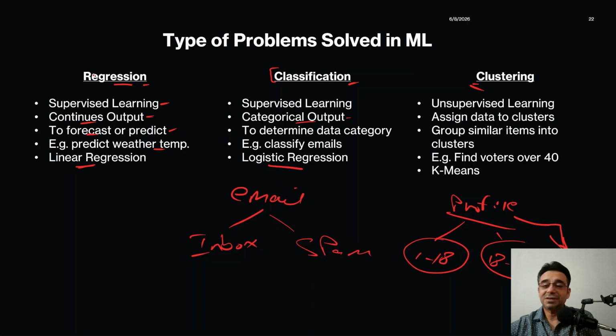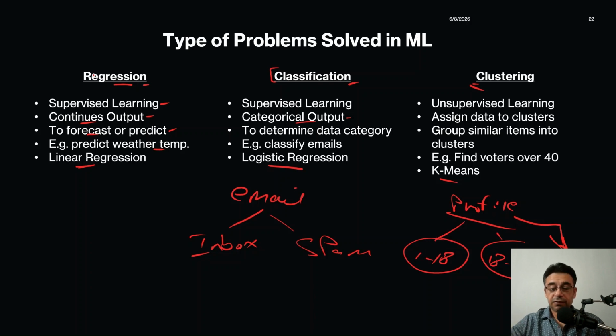Now when you present new data, once the model has already been created, the new data will be assigned to one of the clusters. For that, the algorithm that we can use is called the k-means algorithm. So these are the different types of problems that we can solve in machine learning.